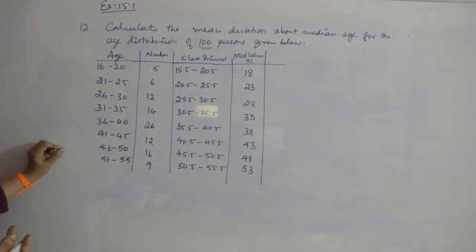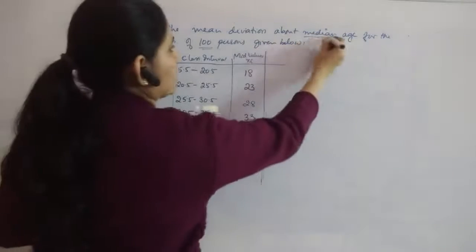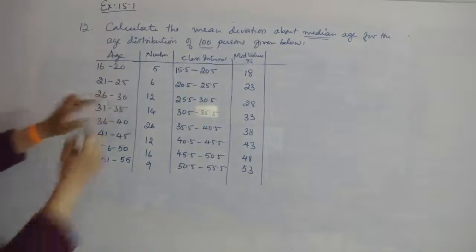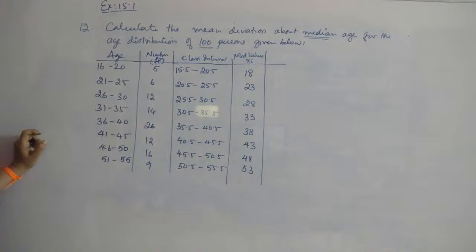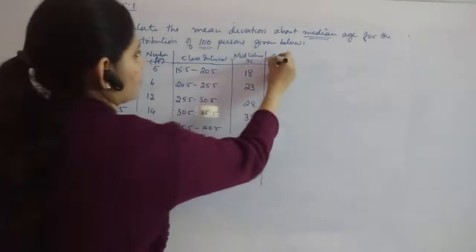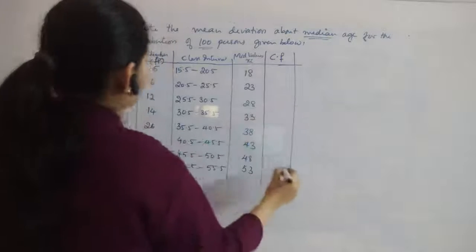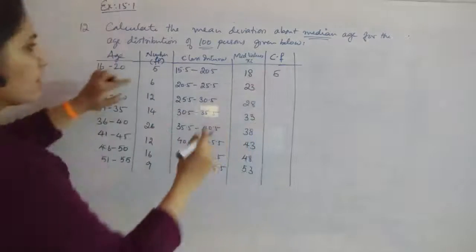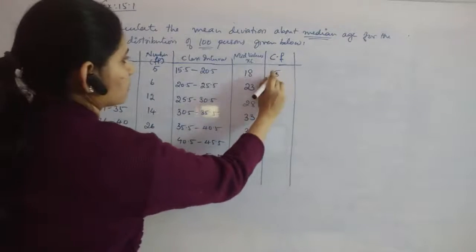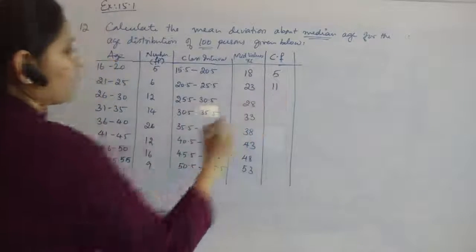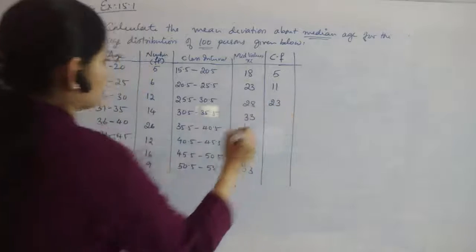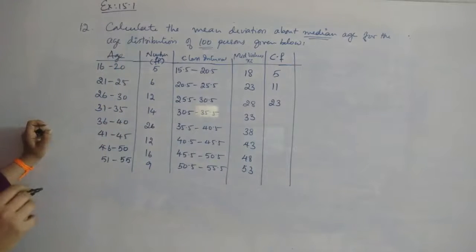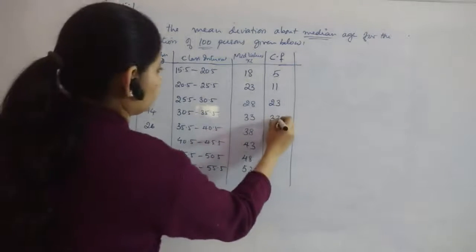Next, since we need the median, this column acts as fi, and we need to calculate the CF. The next column is CF. 5 plus 6 is 11. Then 11 plus 12 gives 23. Then 23 plus 14 gives 37.